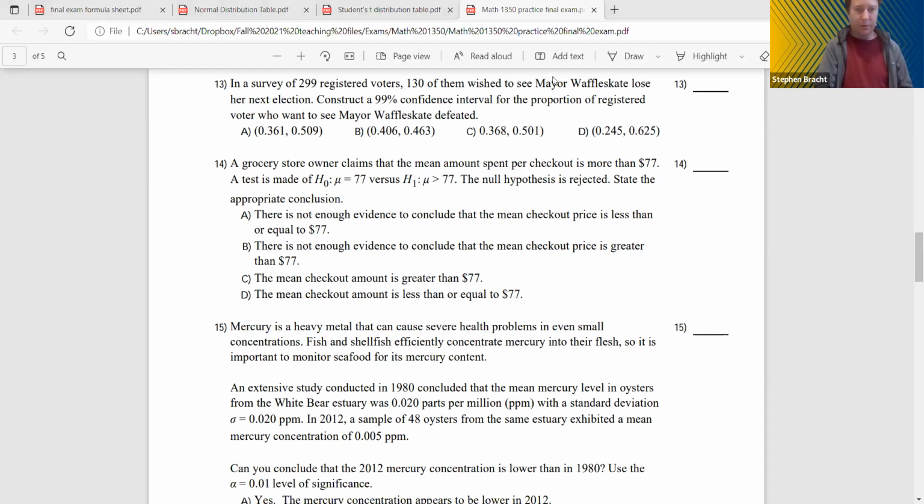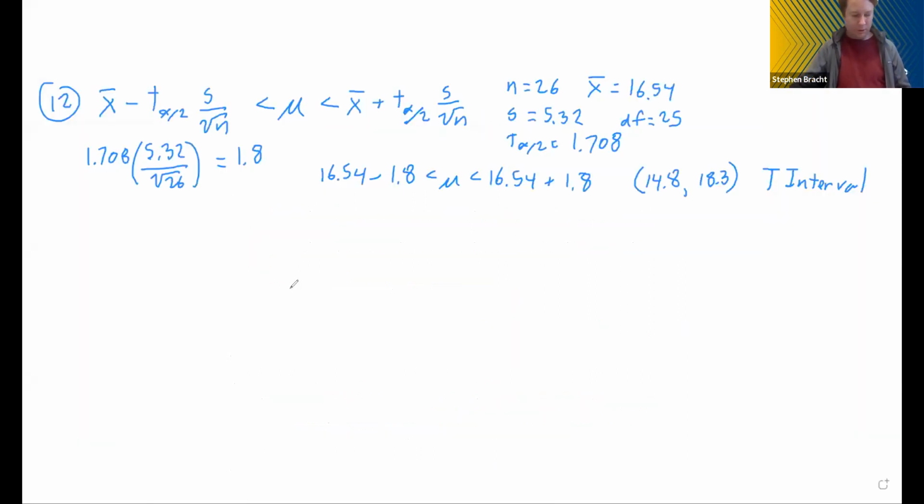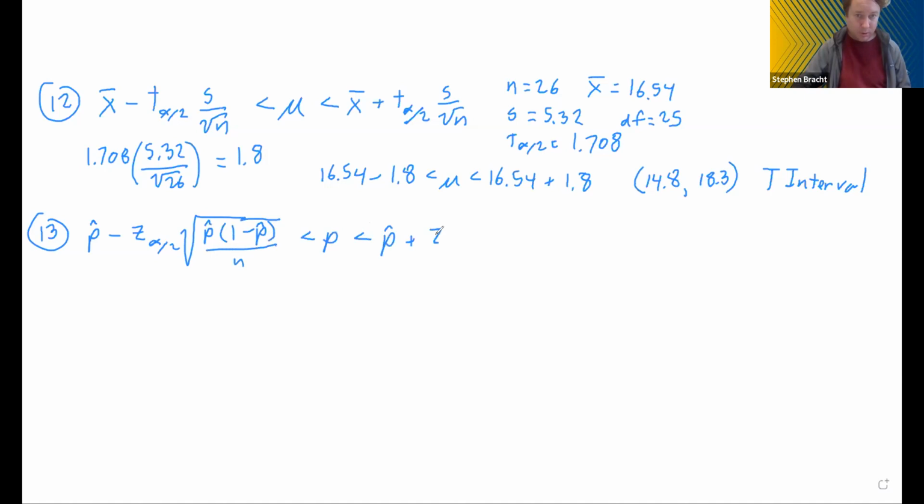So the formula for this one is the confidence interval for a proportion formula. So it looks like p hat minus z alpha over 2 square root of p hat times 1 minus p hat over n is less than p is less than p hat plus z alpha over 2 square root of p hat times 1 minus p hat over n.